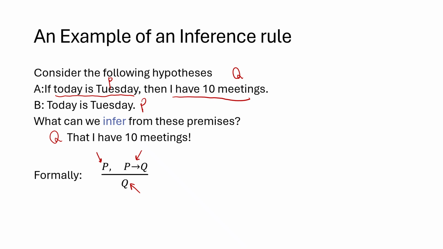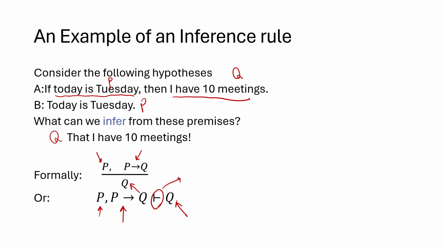Now, another way to write this is we say, again, we list our known facts or our assumptions on the left side, and then our conclusion on the right side, and this symbol here in the middle.